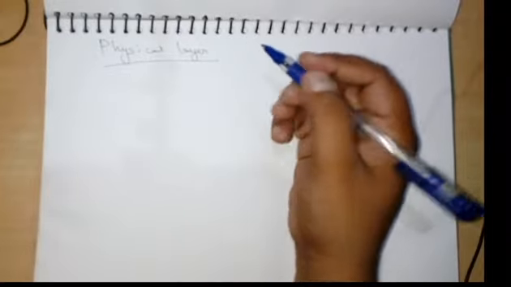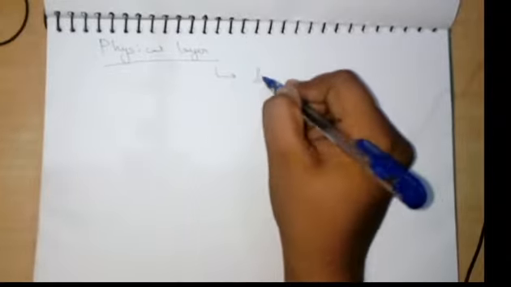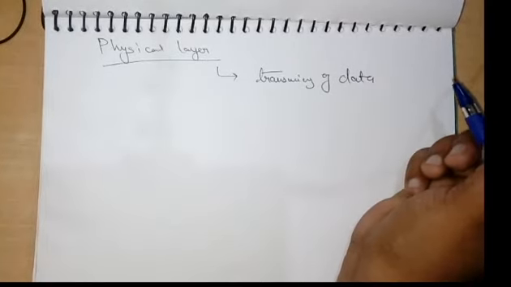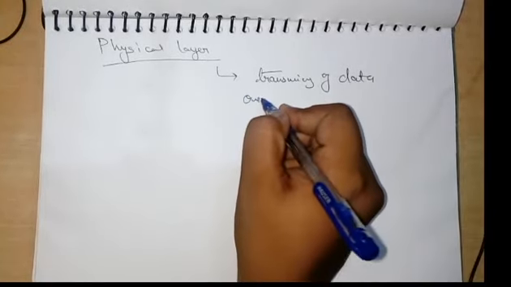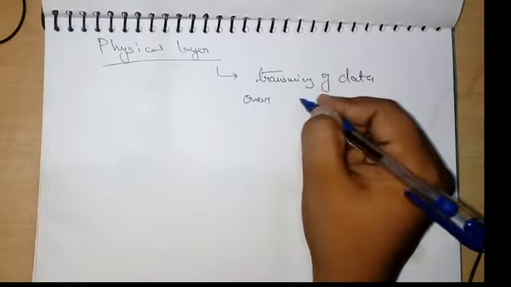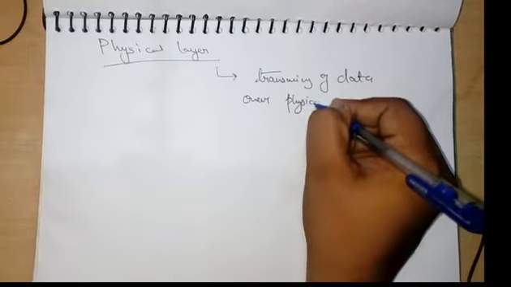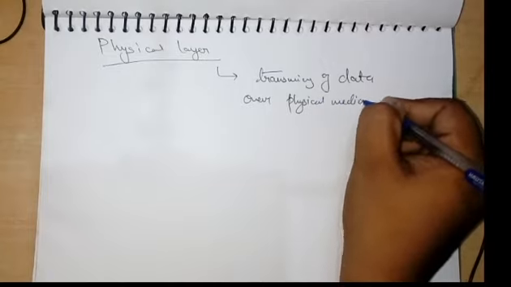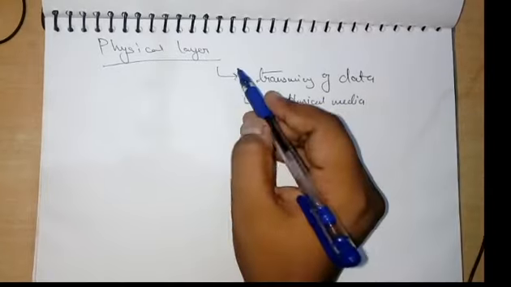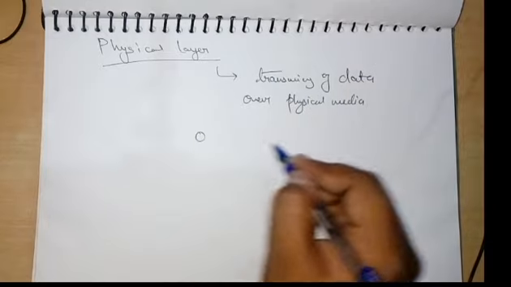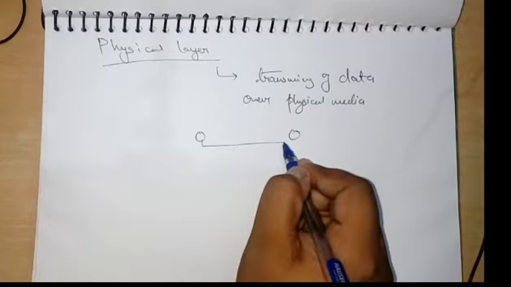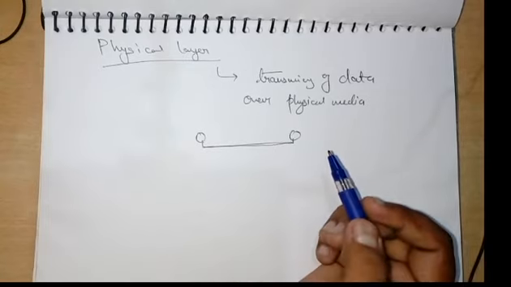It is responsible for transmitting data over physical media. So when two systems are connected physically, through wire or wireless, that is called physical layer.